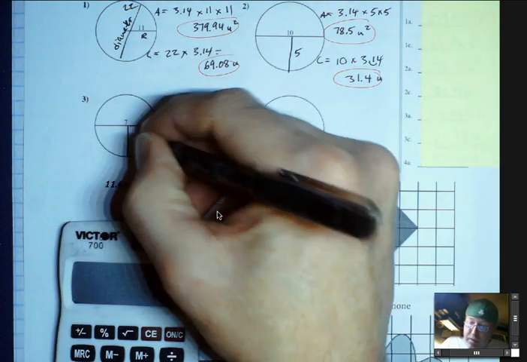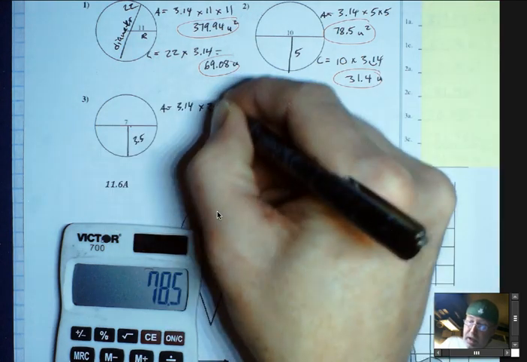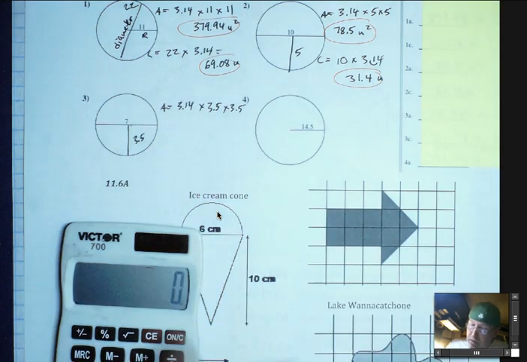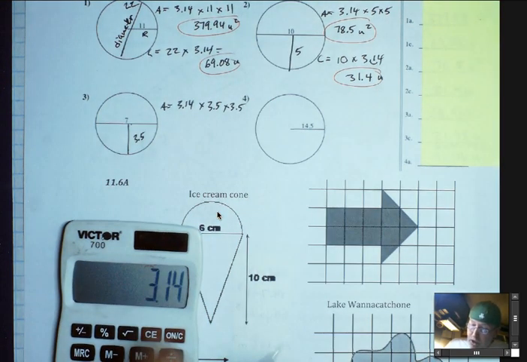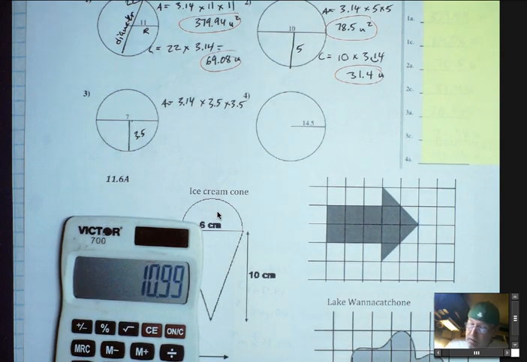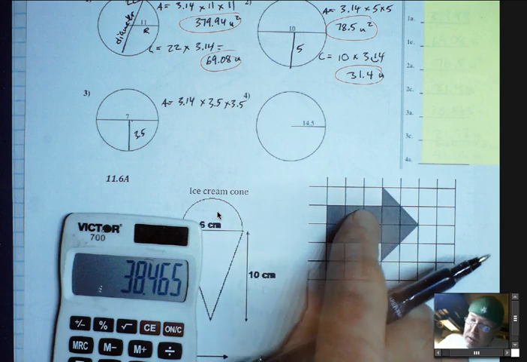Radius will be half the diameter, so that's 3.5. So times 3.5 times 3.5. 3.14 times 3.5 times 3.5 is equal to 38.465.